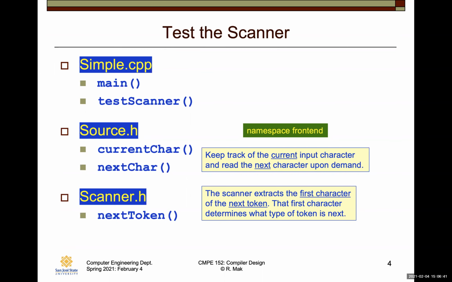One that returns the current character. The characters in the source are read one at a time, and you want to know what's the character that was most recently read. That's the current character. And then you want to be able to get to the next character, so the next char function reads the next character and returns that character.